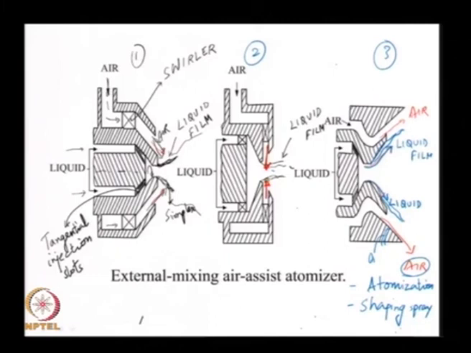Usually, there is another source of air that may be required. So, these are all configurations called air assist atomizers, and specifically they are called external mixing air assist atomizers, because you have a simplex nozzle, and outside the simplex nozzle you have created an air passage that would cause further atomization, and you are now using the simplex nozzle only to introduce fluid into a certain spatial region.